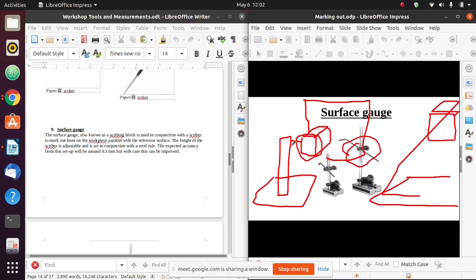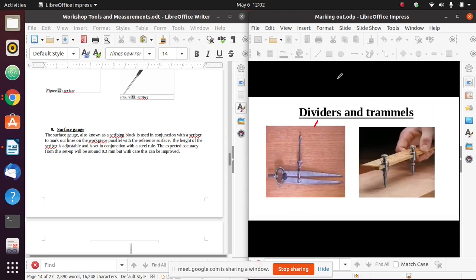So if I place this scriber on the workpiece and I rotate this workpiece, you'll find that this scriber will be wobbling. Also, the base of this surface gauge, if it is not secured properly, then it will move. That surface gauge will move. So the accuracy depends on how skilled the technician is when using that tool. So that is the purpose of a surface gauge.